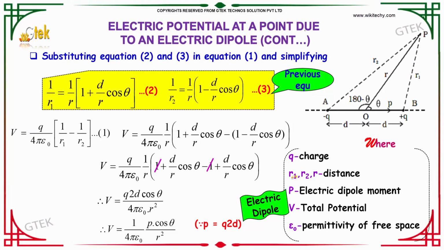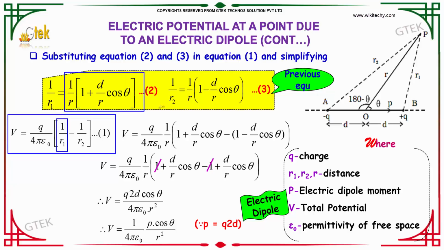So substituting the second and third equation in the first equation. So this was the first equation, so we have to substitute equation 2 and equation 3. So instead of 1 by r1, this term will be substituted, and instead of 1 divided by r2, we will be substituting this term.